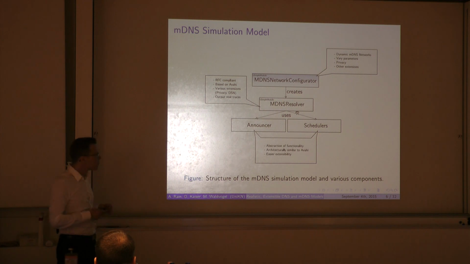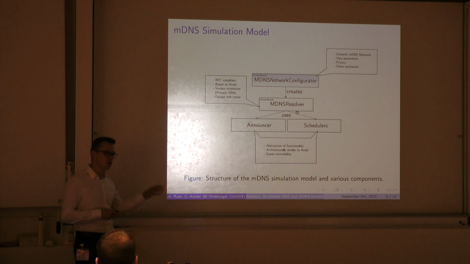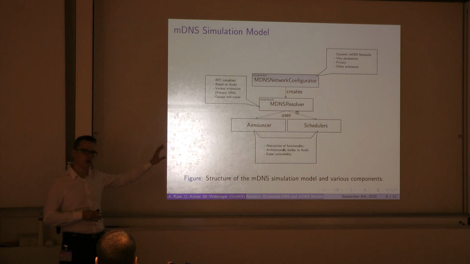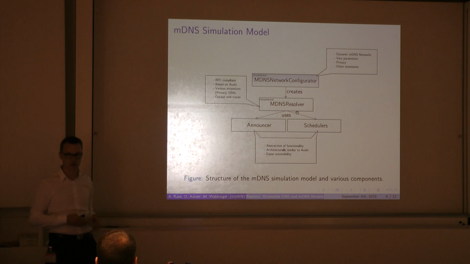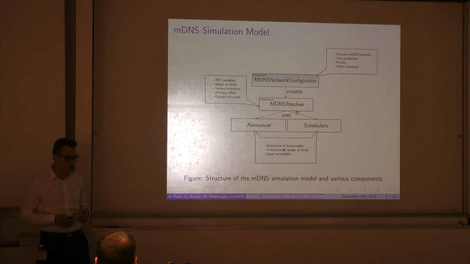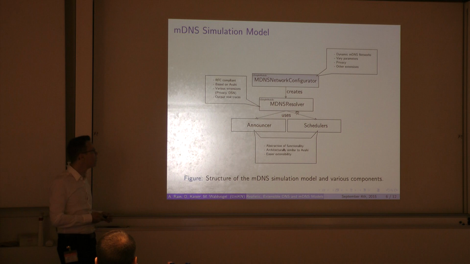Now, the schedulers are split into 3 different parts, one for scheduling probes, one for responses, and one for queries. This makes sense not only because there are different delays involved, but also there's some different logic to all these schedulers for scheduling different types. So this architecture is actually taken directly from Avahi, and we believe it makes extension a lot easier.